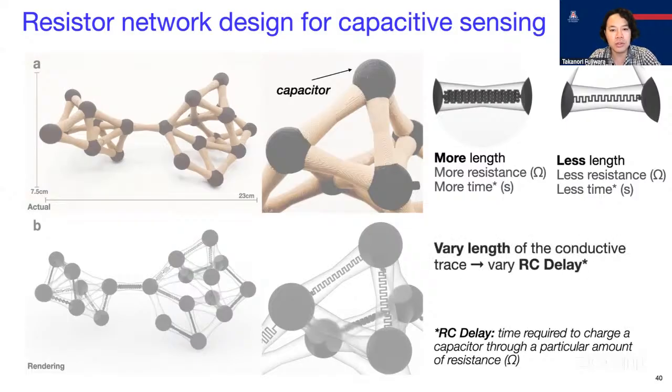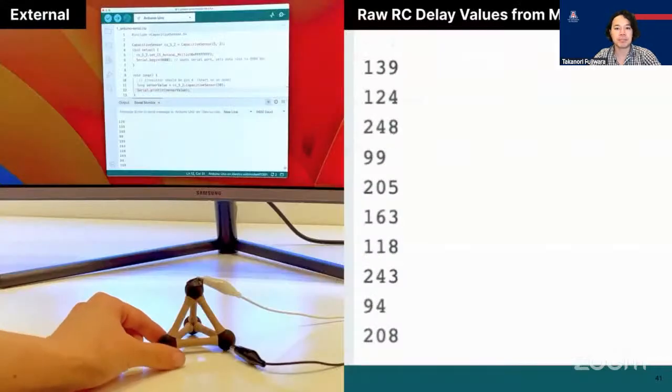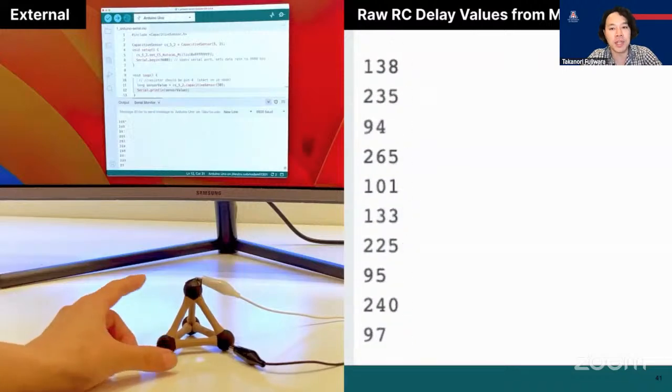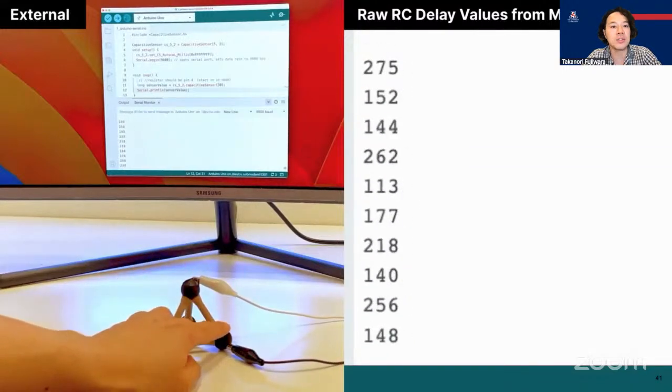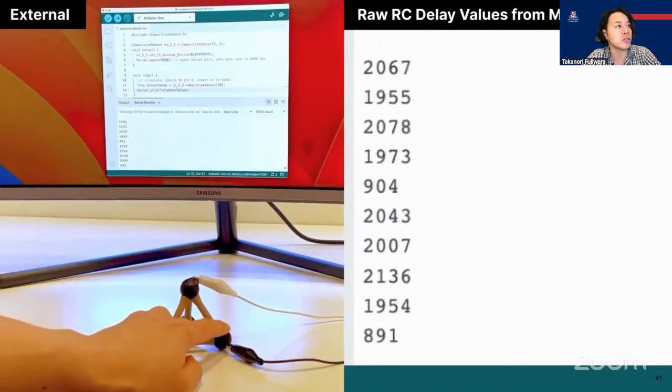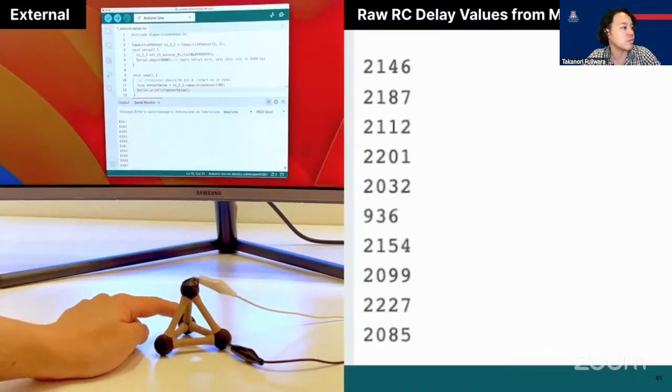And then to uniquely identify each node, we can uniquely vary the length of each conductive trace to obtain unique RC delay values. Here's an example of varying RC delay in practice. We obtain unique RC delay values for each node if we apply our optimization.